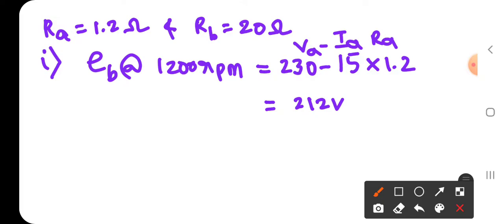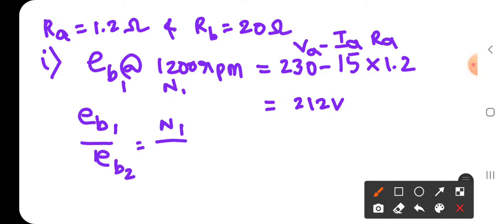Then the back EMF at 1000 rpm: if I consider this as EB1 and this is N1, then we know the formula EB1 by EB2 is equal to N1 by N2. Let N2 be 1000 rpm; we need to find EB2.